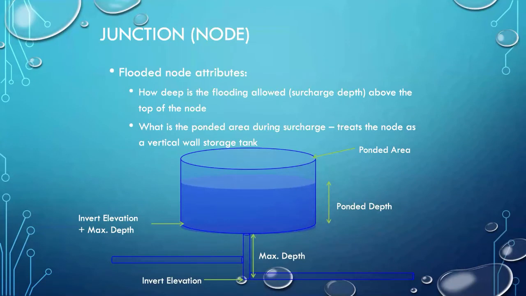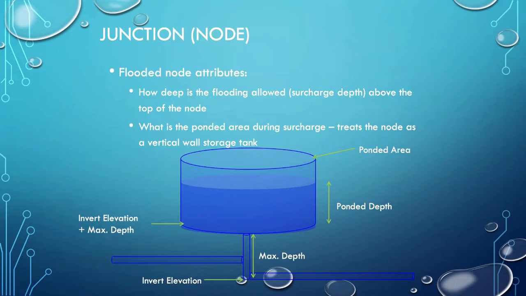So the flooded node attributes, and these are attributes for an ordinary junction node where the flooding feature is turned on, are how deep is the flooding allowed, which is the surcharge depth above the top of the node, and what is the ponded area during surcharge. So essentially what it does is it will treat a node under those conditions as a vertical wall storage tank, as depicted here on the drawing.